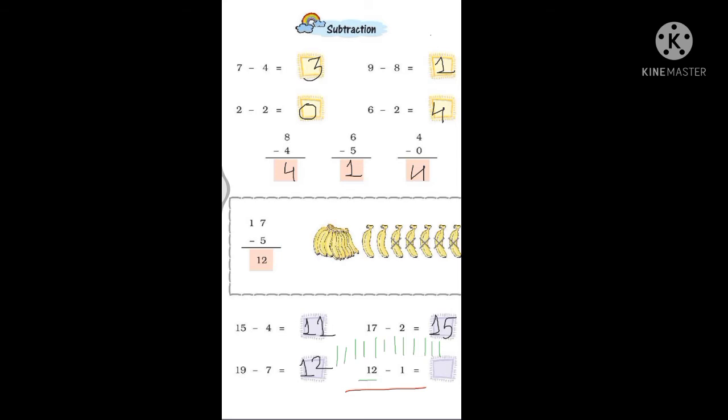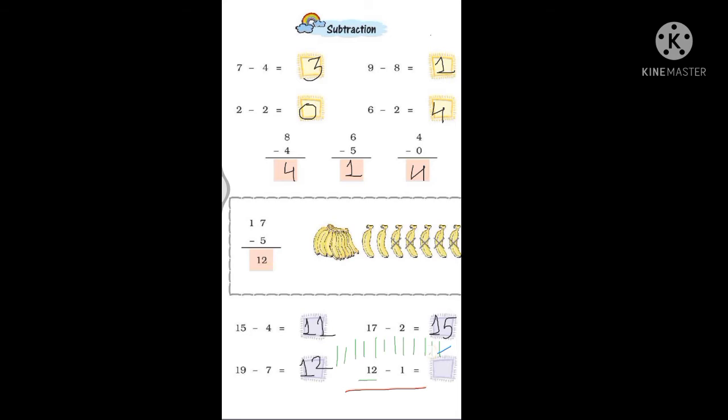Now from the number 12, how many do we have to subtract, students? We have to subtract 1. So that means we have to cut 1 stick. So here I am cutting 1 stick. From the 12, after cutting 1 stick, how many are still remaining?